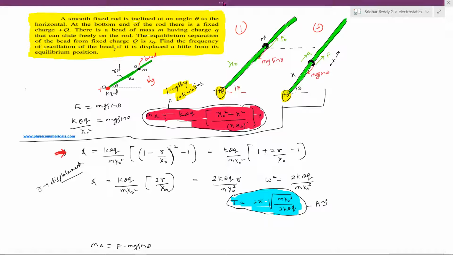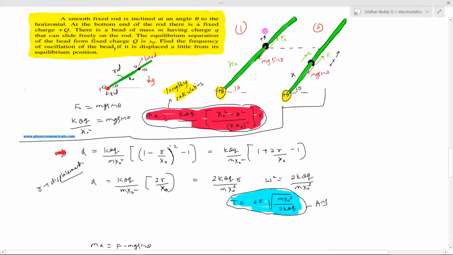The electrostatic repulsive force, F naught, is what you have here. F naught should be balanced by mg sin theta. This is fixed here, and this bead is movable, so the repulsive force will be acting here.